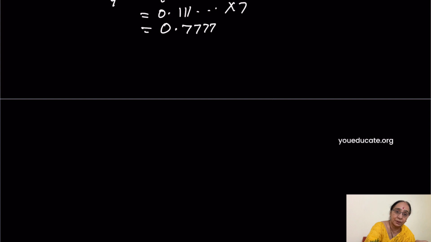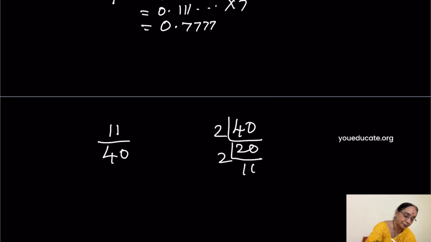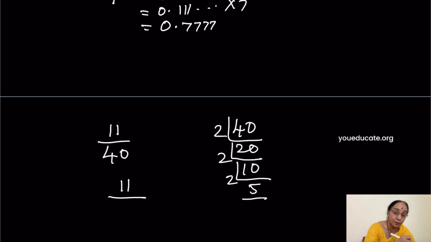Just check the denominator. Say if I write 11 by 40, you see the denominator, get the prime factors of 40. We know how to get the prime factors of any number, any integer, right? So before doing this prime factorization, see if the numerator and denominator are co-prime.